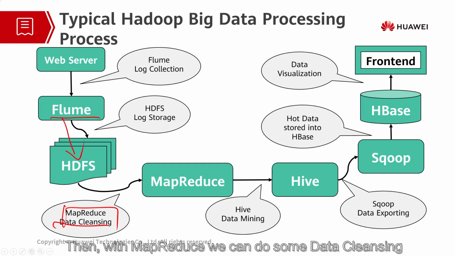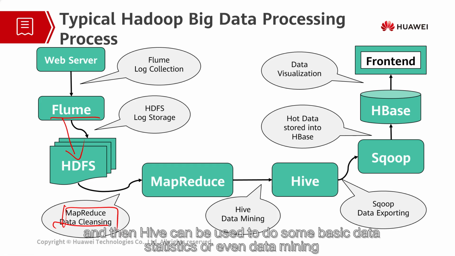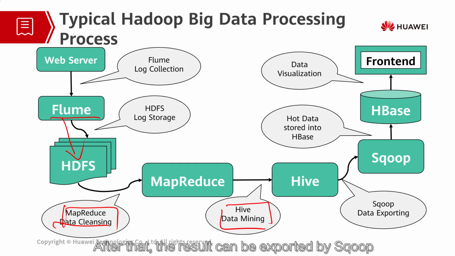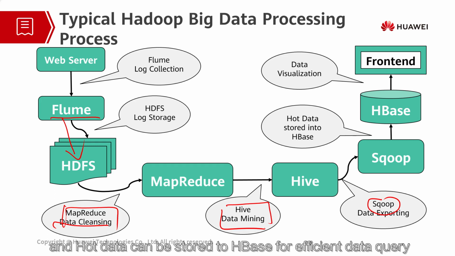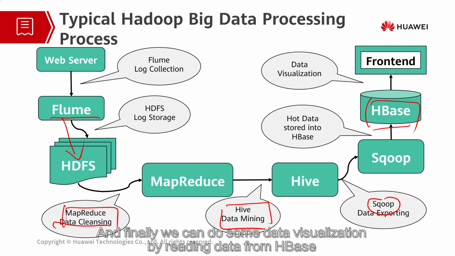Then with MapReduce, we can do some data cleansing, and then Hive can be used to do some basic data statistics or even data mining. After that, the result can be exported by Sqoop, and hot data can be stored to HBase for efficient data query. And finally, we can do some data visualization by reading data from HBase.